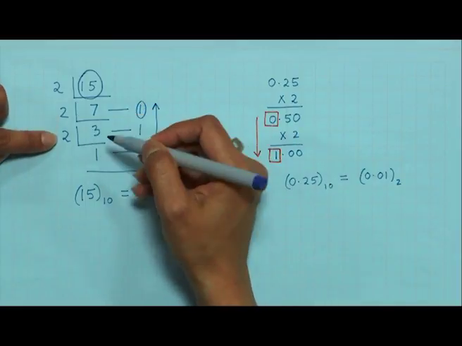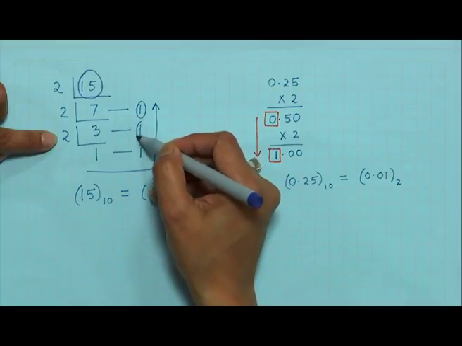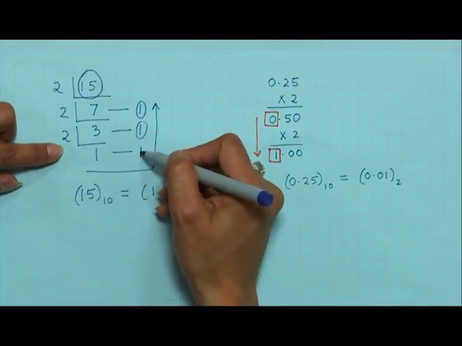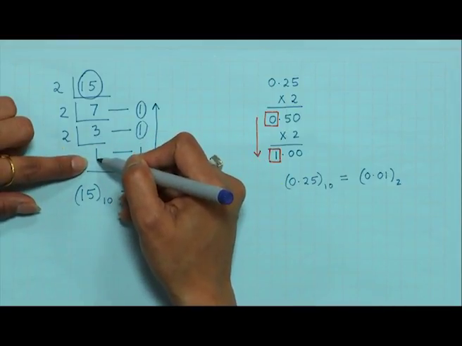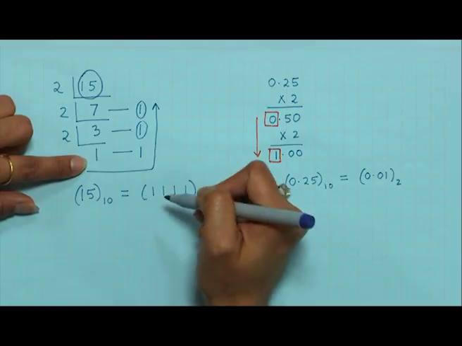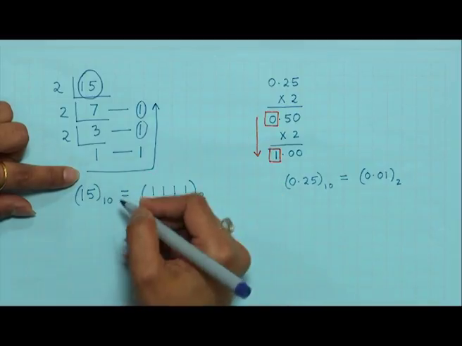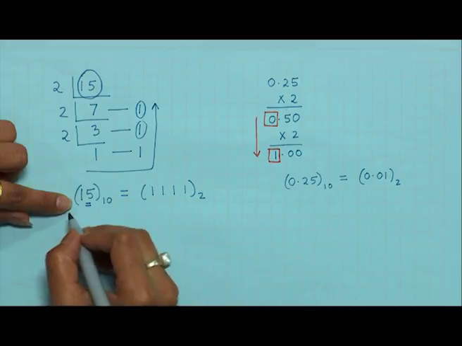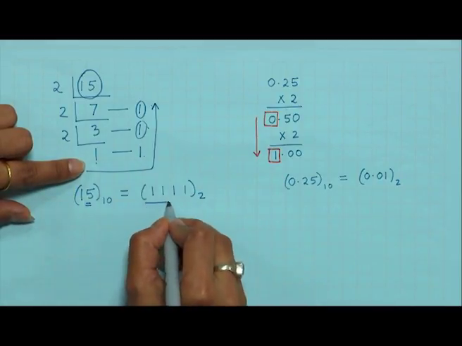Again we do it, we get 3 and the remainder becomes 1. Again we divide it and we get the remainder as 1 and the quotient as 1 as well. And what do we do finally? We arrange it in reverse order. So, in reverse order, this 15 in decimal is now converted to 1111 in binary.